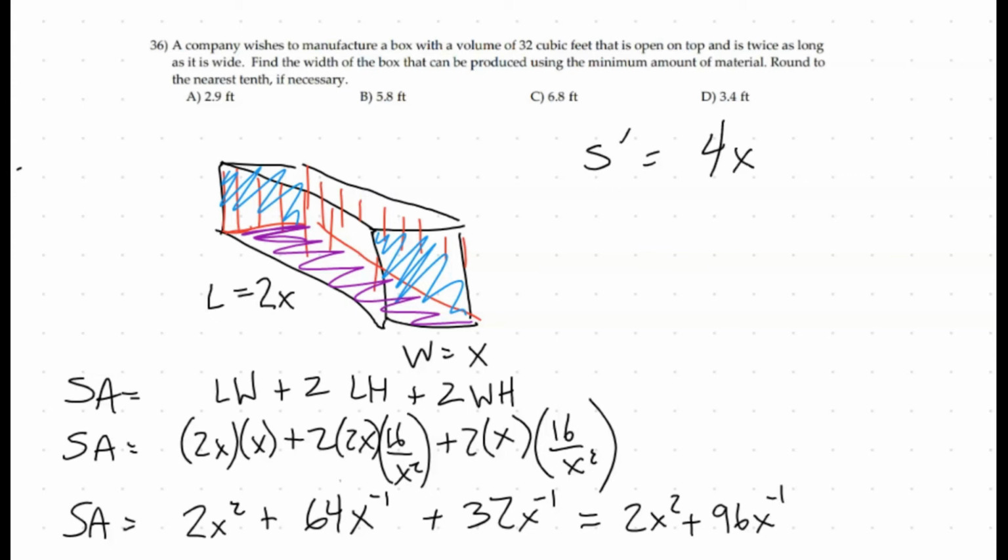Because the 2 is going to come down, multiply times that 2, so we have 4x, and we subtract 1 from the exponent. Plus, actually that's going to be now minus, because the negative 1 is coming down and multiplying times 96, x, and we have to subtract 1 from that as well, so minus 2. Okay, so that's our derivative, and now because we're optimizing, we're going to set that derivative equal to 0. So 0 is equal to this.